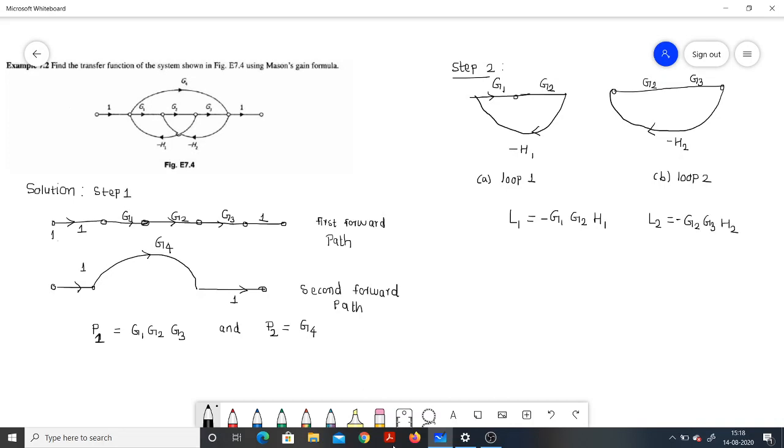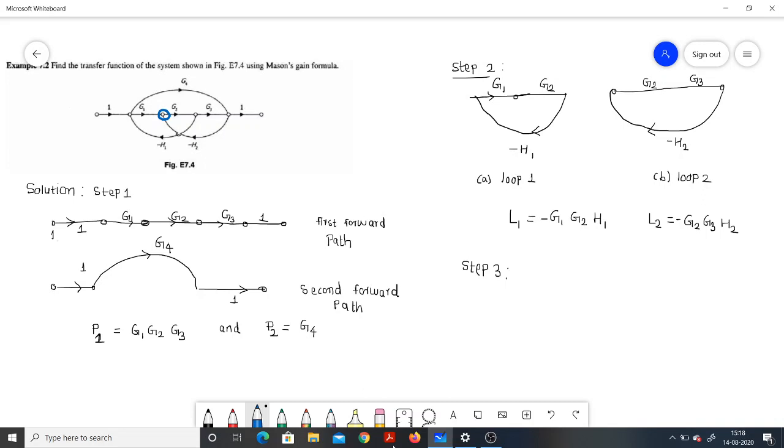Now the next step, step 3, is to see if these two loops are non-touching. You can see here that both the loops are touching each other at this particular point.